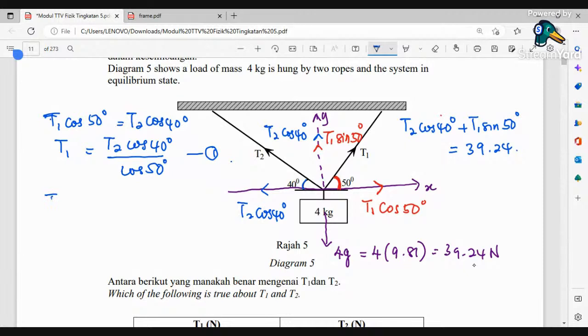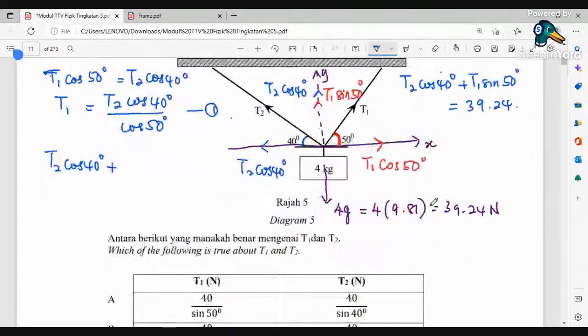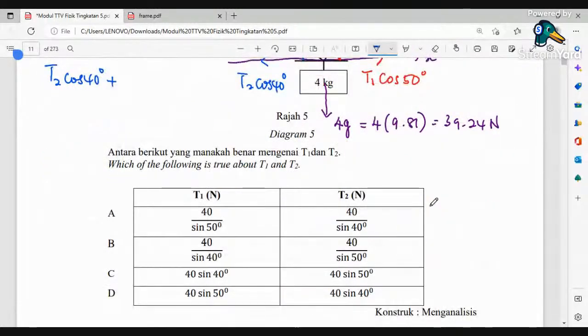It looks complicated, a bit complicated. Actually here 40 is not 40, it is 4g, should be 39.24.